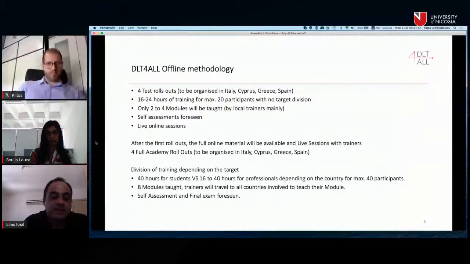And during this part of the methodology rollout, we are going to test only between 2 and 4 modules, and this will be delivered mainly by local trainers. We plan to have a self-assessment and live online session.